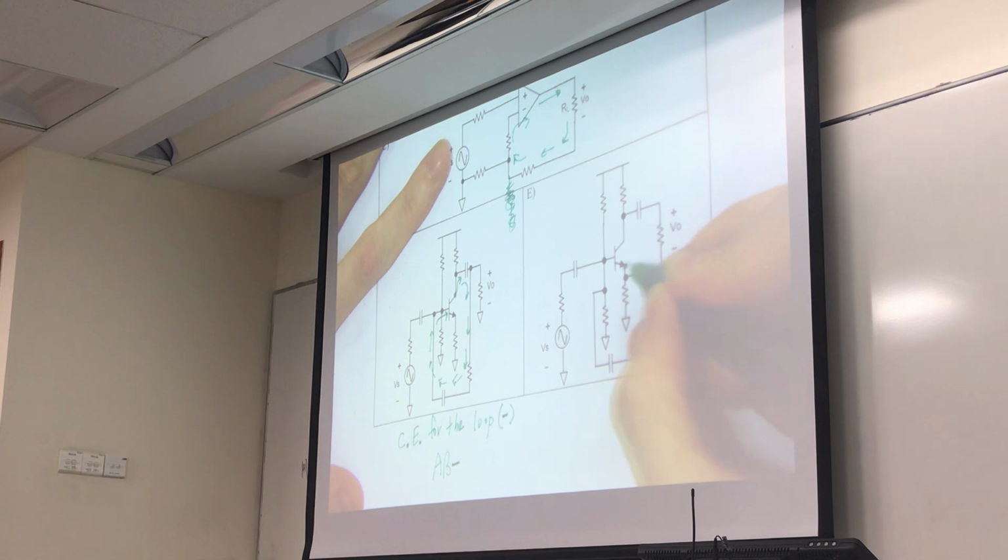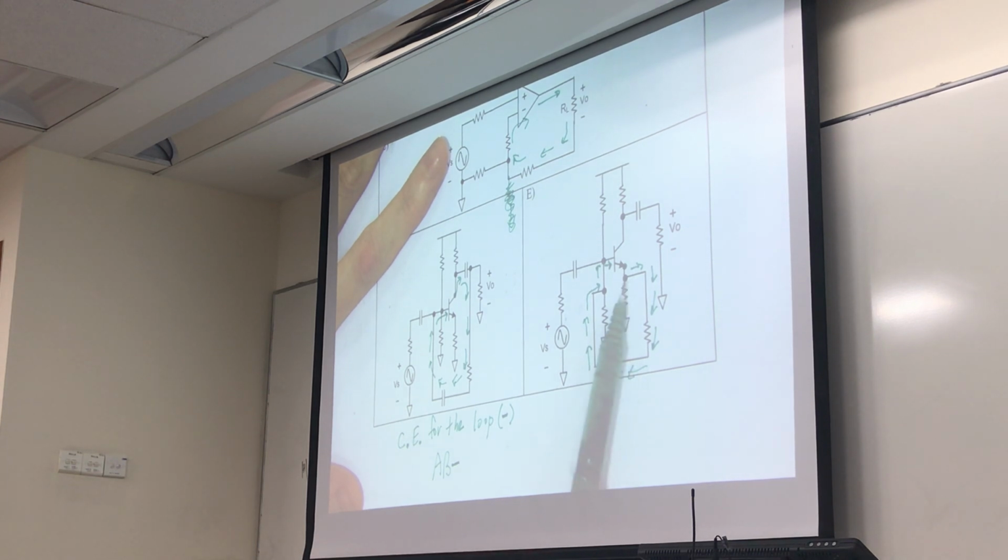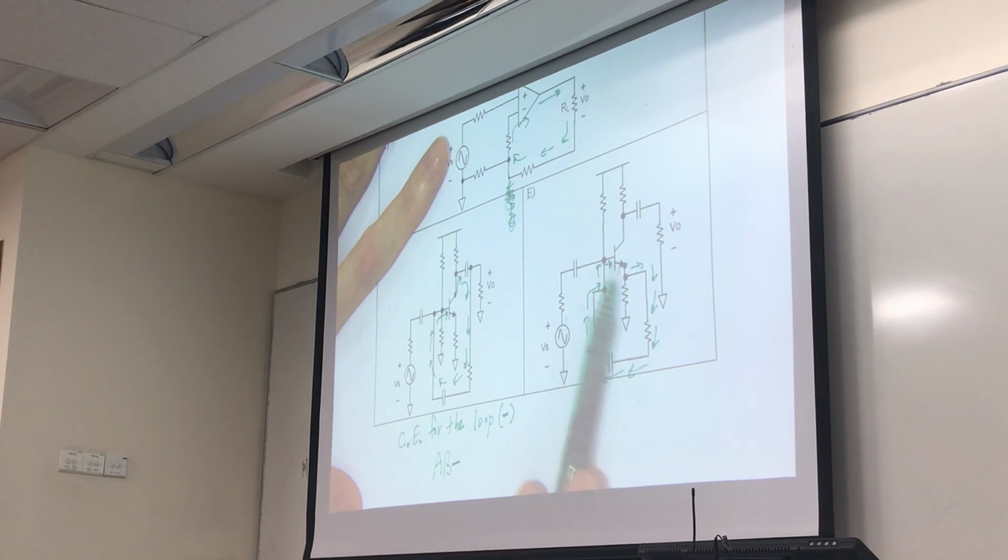So here we are at the emitter, and I can see a loop here. Now, if I were in this loop over here, I enter into the base and I come out the emitter.